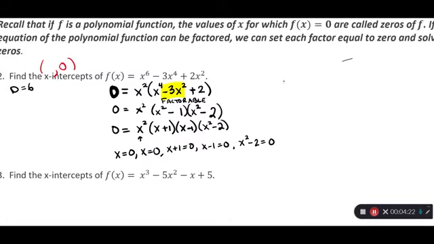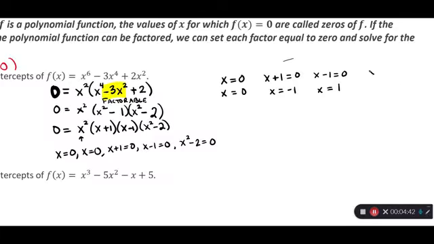Now, when I'm listing all of my zeros, or my x-intercepts, this was the first one I got, and I got it twice. The next one was x plus 1 equals 0, subtract 1. The next one was x minus 1 equals 0, add 1. The next one was x squared minus 2 equals 0, add 2.